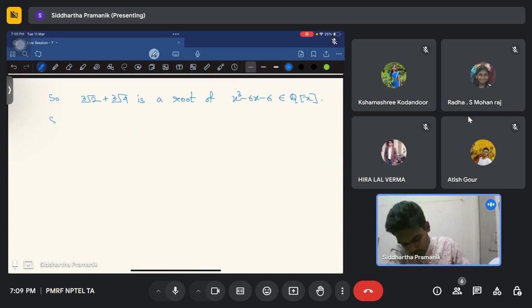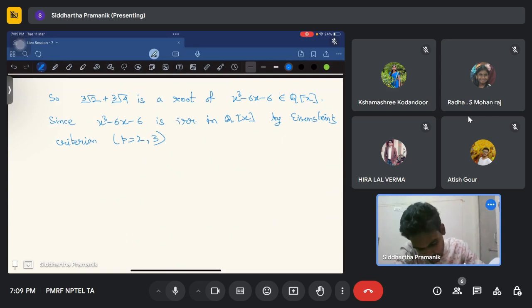Okay, so since x cube minus 6x minus 6 is irreducible in Q of x by Eisenstein's criteria, you can take prime 2 or 3, both will work in this case. So by using Eisenstein's criteria, this polynomial is irreducible.